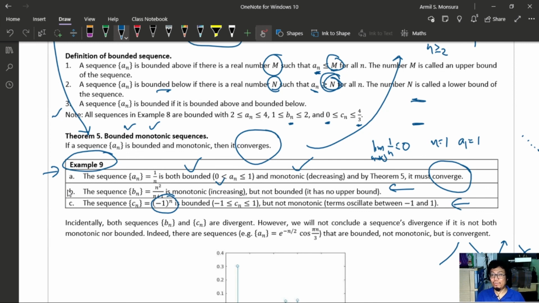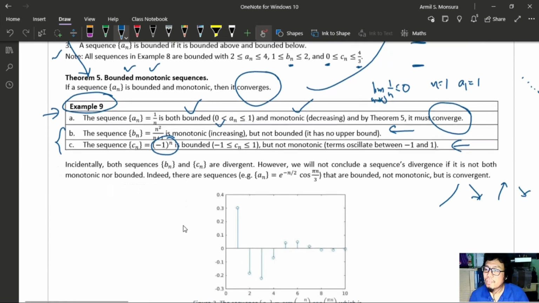But for letter B and letter C, there is no conclusion based on theorem 5 because they don't satisfy its requirements for the sequence to be convergent. And I did not argue for sequences Bn and Cn to be divergent because of theorem 5. I argued for them to be divergent because of their general behavior. So I hope that is clear to you.